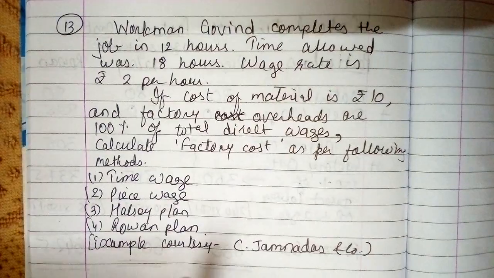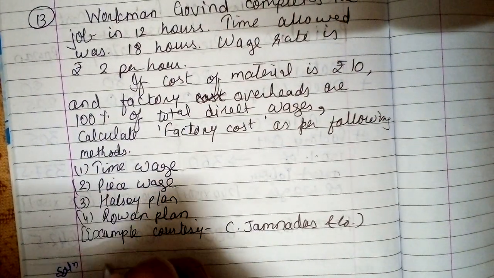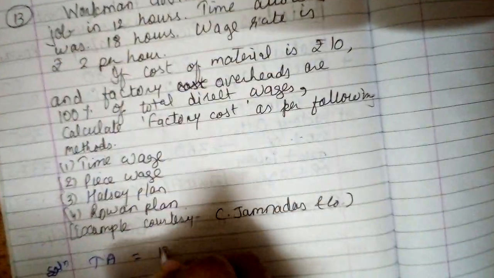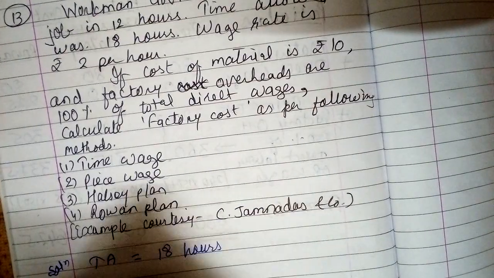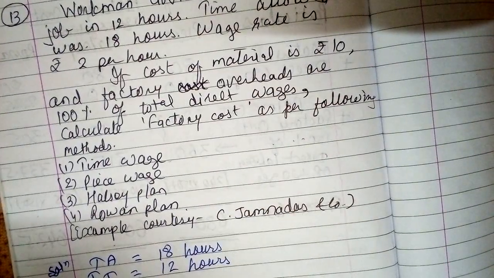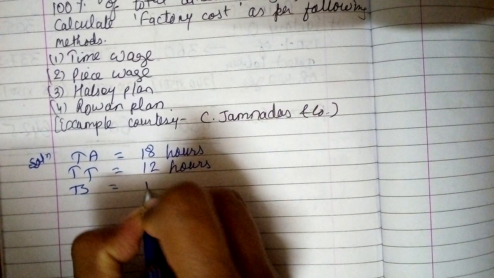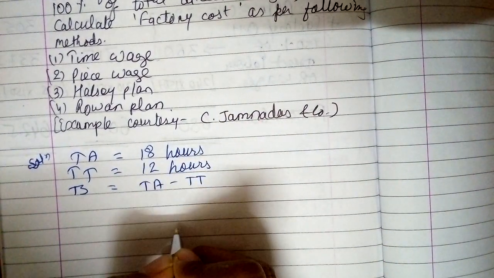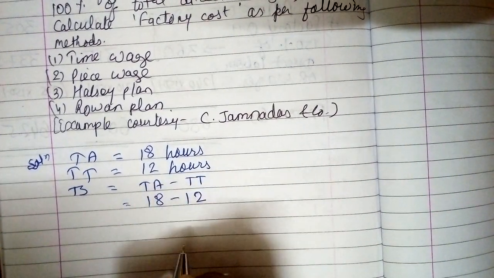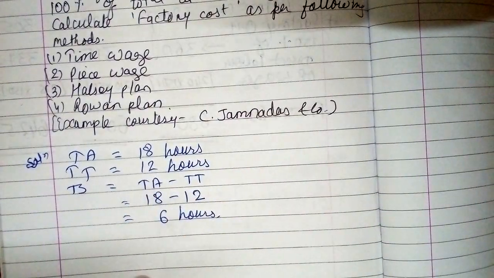Okay, so firstly, as we have done in the last example as well, we need to write first time allowed, which was 18 hours, then time taken 12 hours, and so time saved will be time allowed minus time taken, so that will be 18 minus 12, so the time saved is 6 hours.